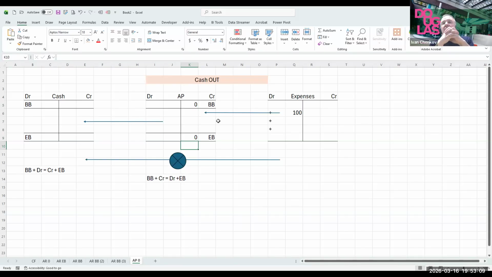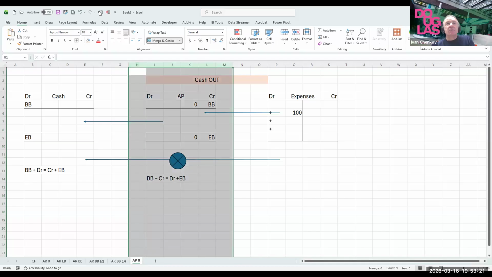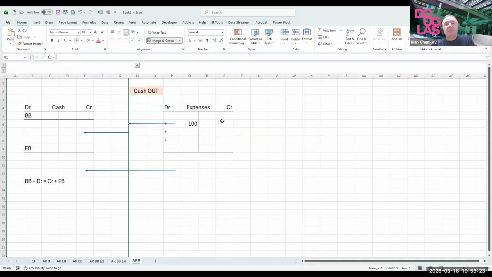How much cash did I pay for the $100 expenses? $100. Is that obvious for everybody? This account is going to disappear, and whatever we pay here as expenses is going to come out of the cash.